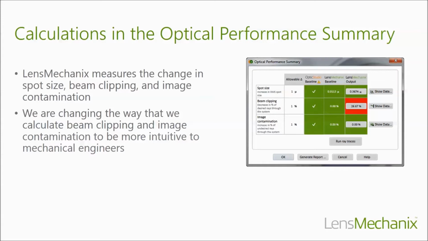And the reason for this is because we really wanted it to be more intuitive to mechanical engineers and our users. So I'll go into both of those measurements and how we're going to be changing them.